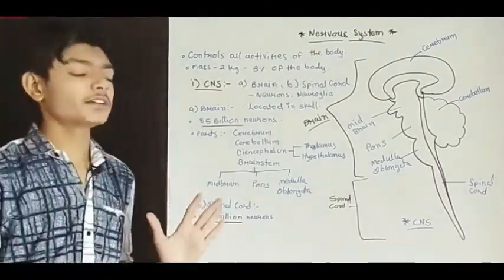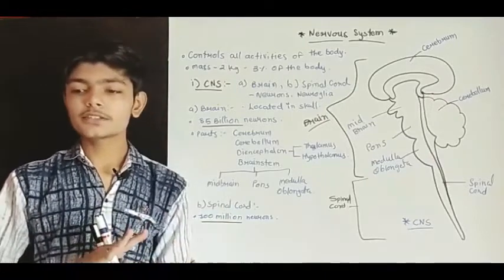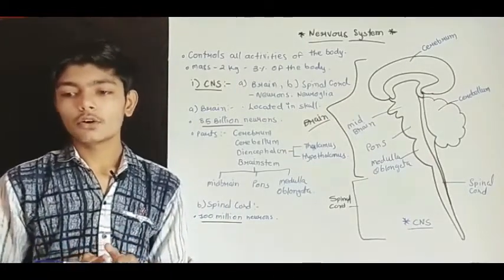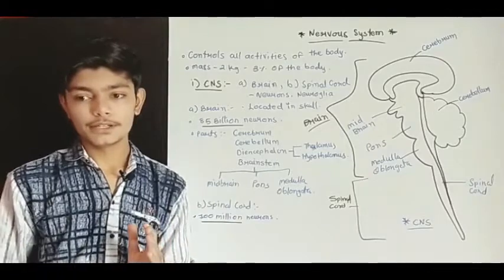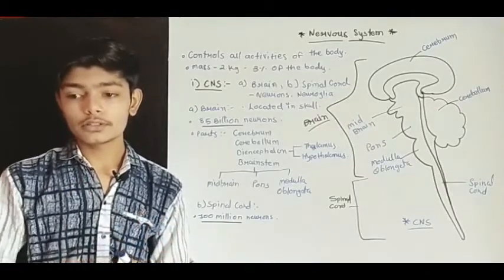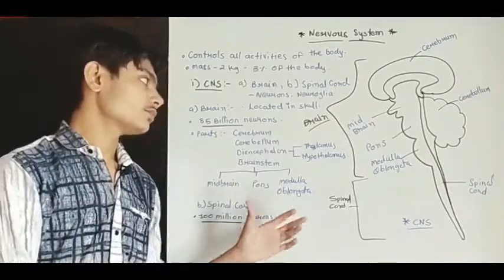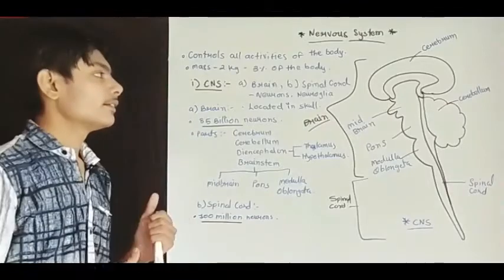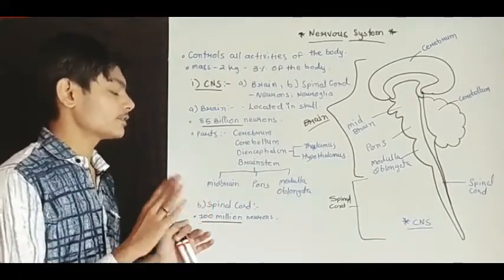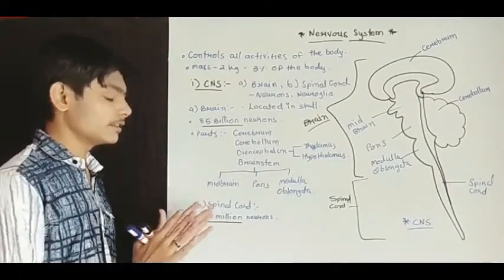Now if you see, the CNS processes many different kinds of incoming sensory information. It is the source of the main three things. First, let's see the point.